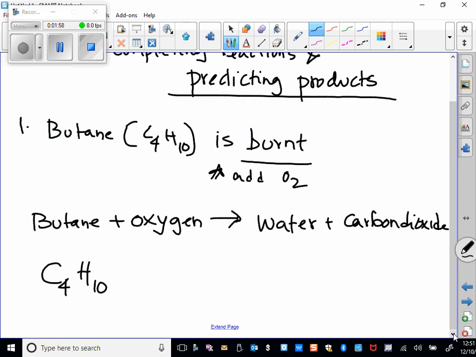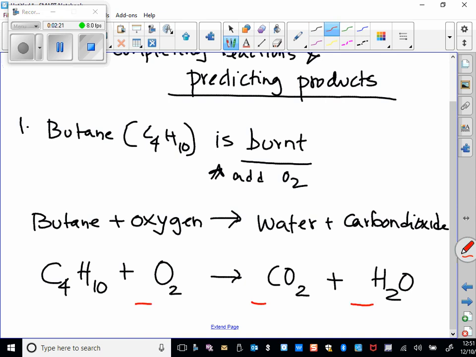C4H10. How will I write oxygen? O2. Why do we write it as O2? Because it is a diatomic element, giving CO2 plus H2O.